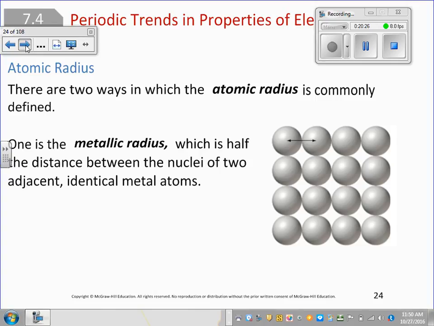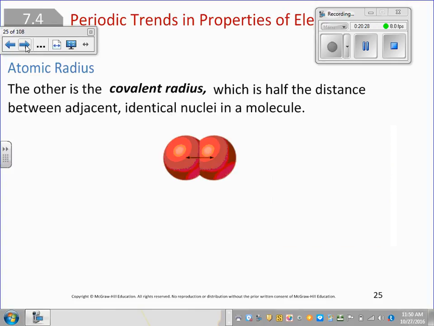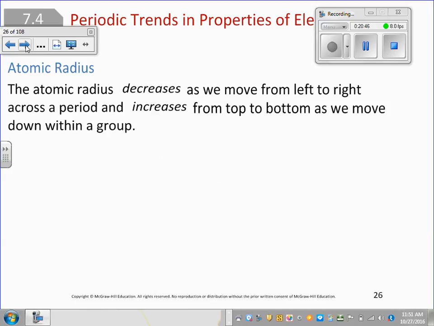Or you can go by the covalent radius, where the balls kind of overlap, and you go from the nucleus of one to the nucleus of the other, and divide by 2. There's 2 ways of doing it. The atomic radius decreases as we move from left to right across a period and increases from top to bottom as we move down a group.